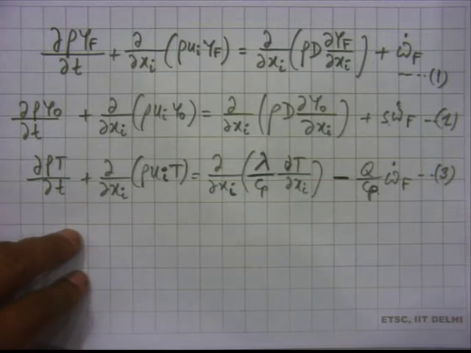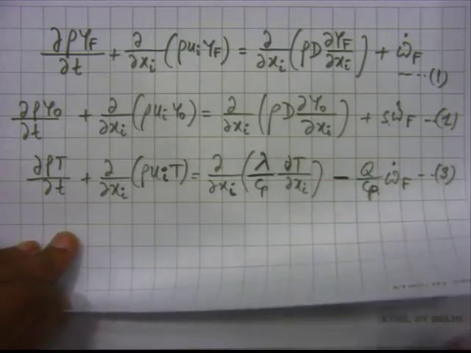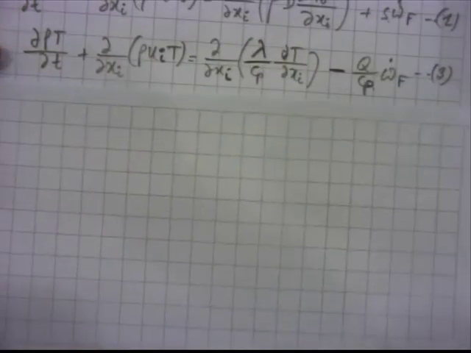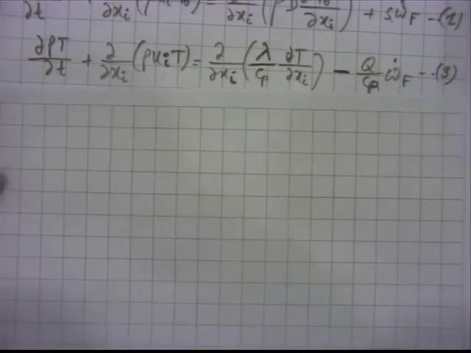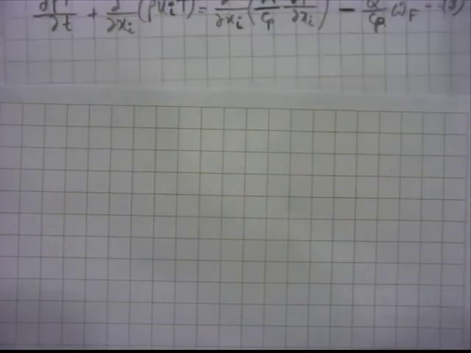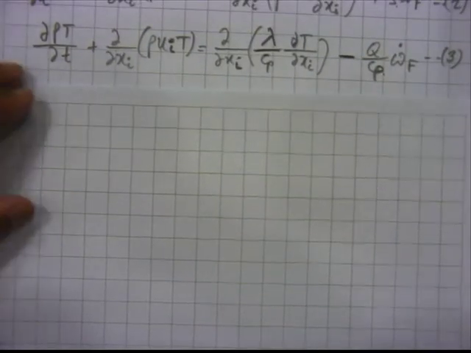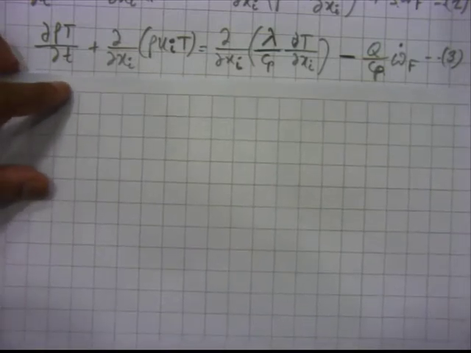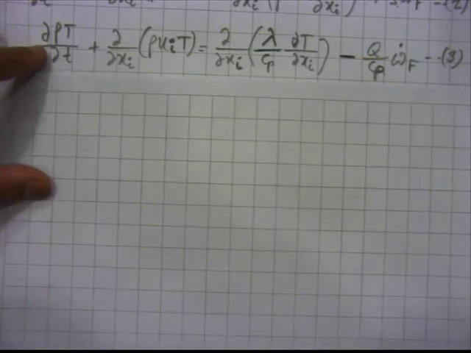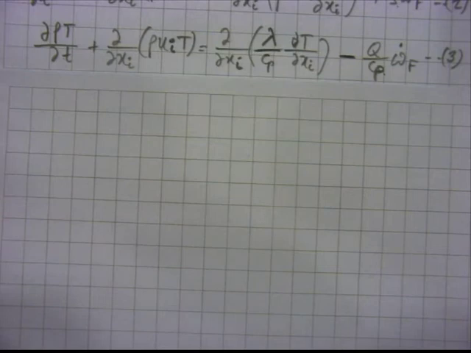So we will look at, actually I think we will do the energy equation. This is the energy equation. This is the form. Number 3 is the form in which we want to use this. Number 3 is the form in which we plan to use this for a further derivation.